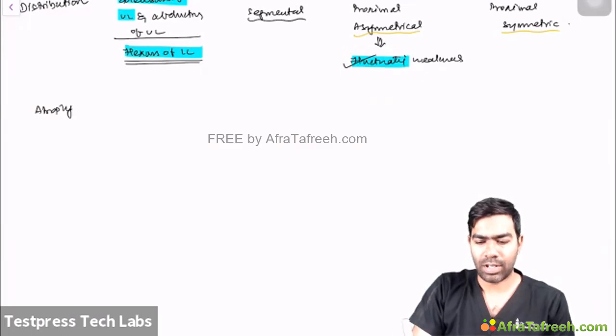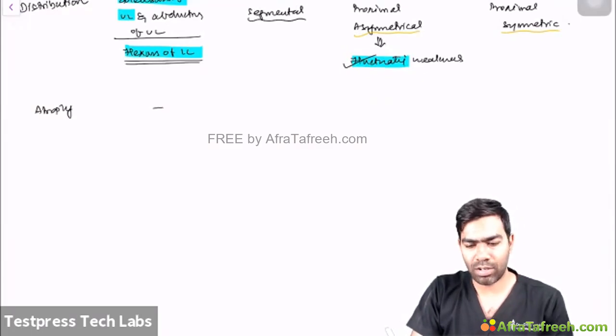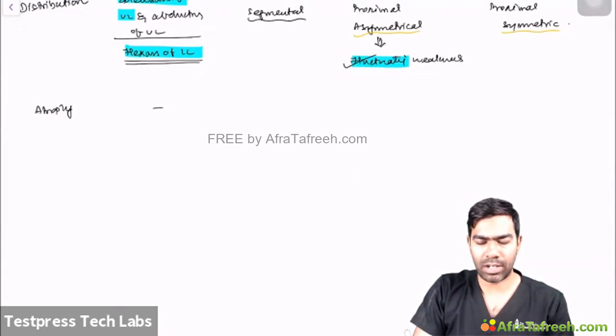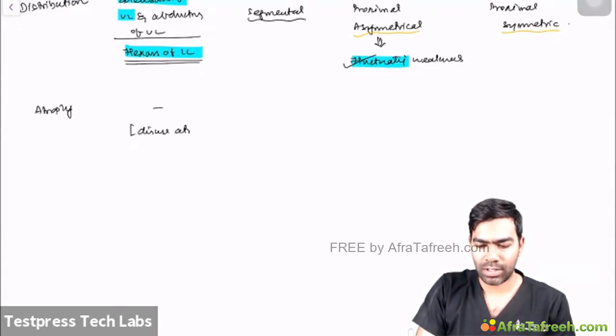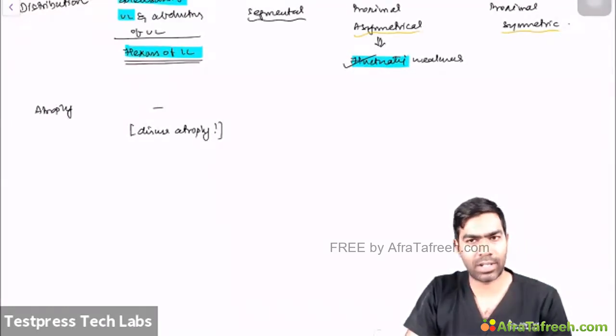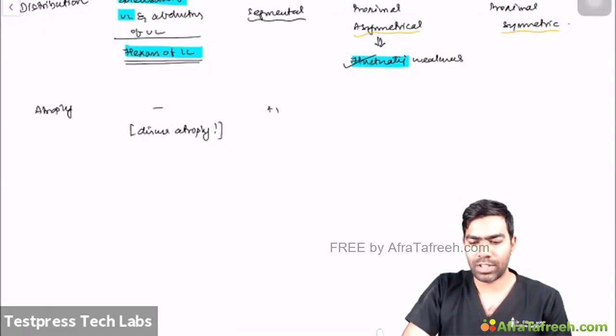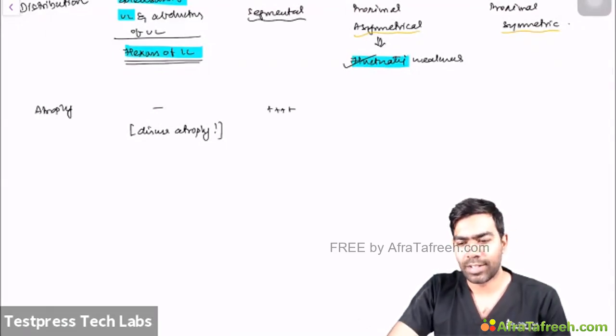And next you have atrophy. Atrophy is basically not a feature of a UMN lesion, but it can be seen in late stages due to disuse atrophy. In a very late stage, if you don't use the limb at all, disuse atrophy may come, but the disease per se does not produce any atrophy. But atrophy is a very, very prominent feature of an LMN lesion. We know that.